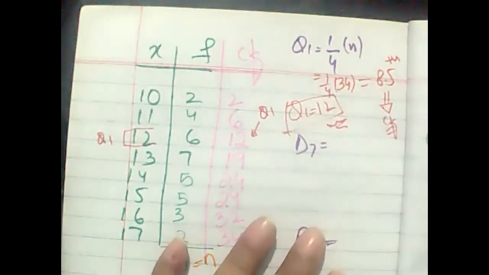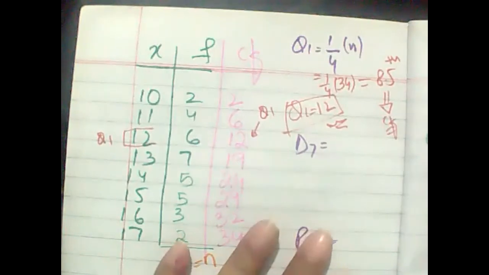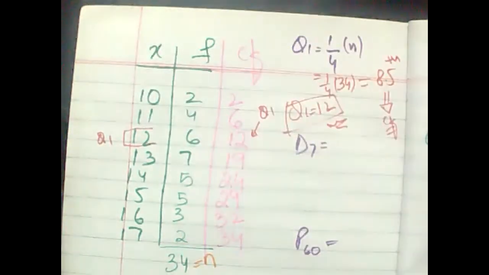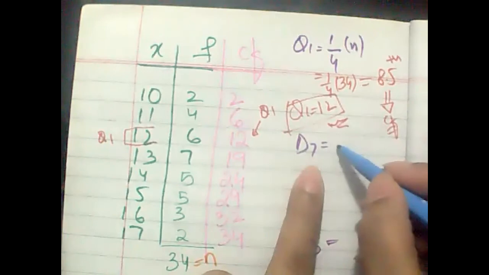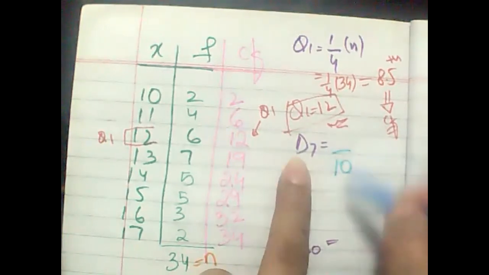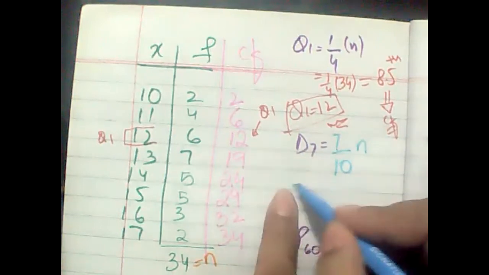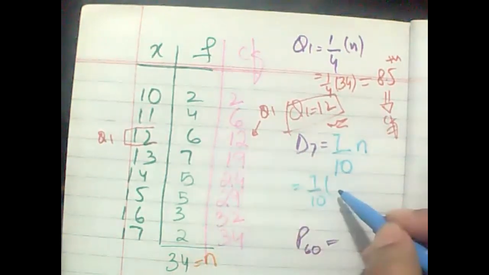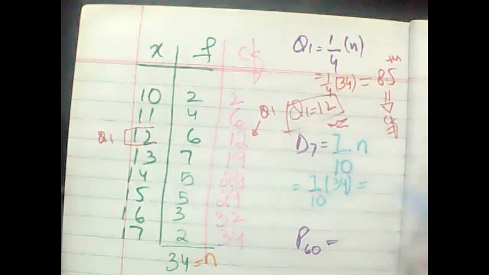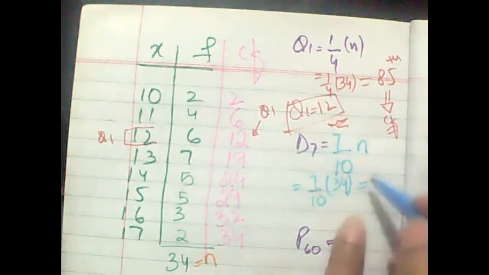Okay, now let's do it for D7. D7 is something out of 10. So 7 out of 10 of n. So that gives me 7 upon 10 of n, and n is 34. So 7 divided by 10 multiplied by 34 gives 23.8.